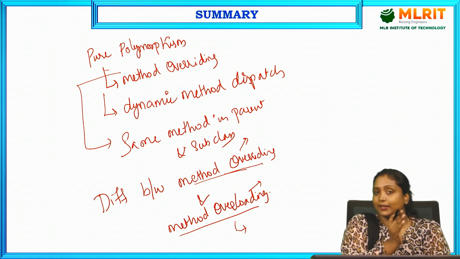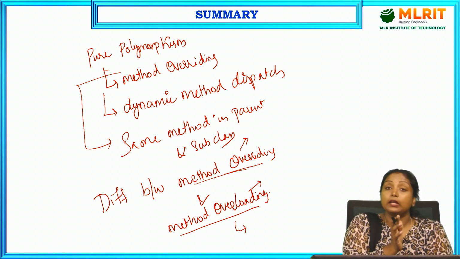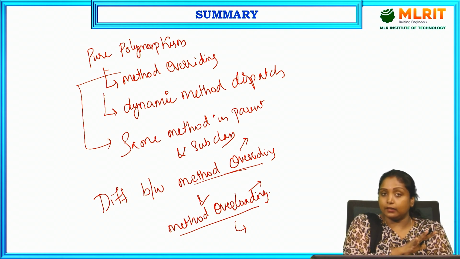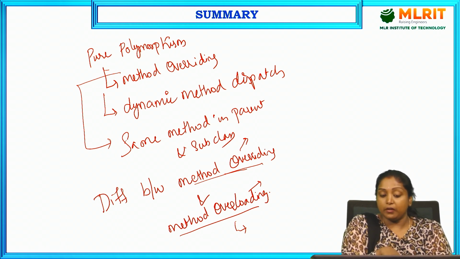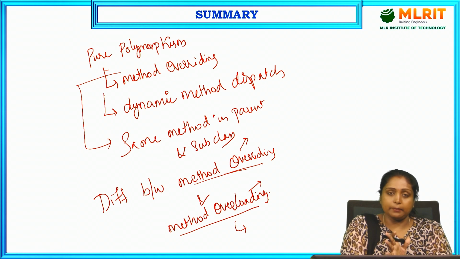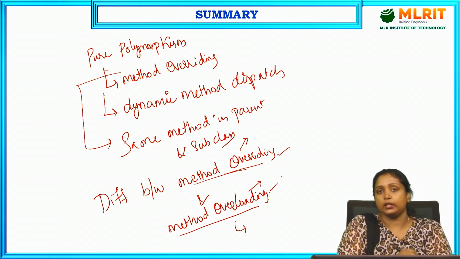Why is it called runtime polymorphism? Because the mistakes or errors are confined to runtime only. In method overloading, the errors would be caught at compile time itself, so it is known as compile time polymorphism. These are the differences between method overriding and method overloading. Thank you all.